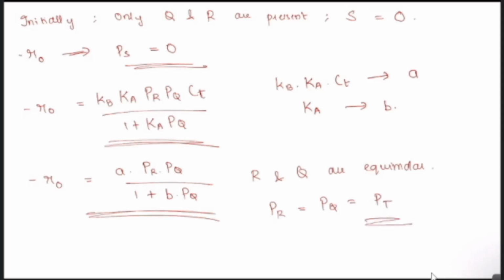So we can substitute PT in terms of PR and PQ, and we'll get our initial rate minus R0 as A into PR into PQ, which is PT into PT, that is PT square, by 1 plus B into PQ, and PQ will be PT, so B into PT.